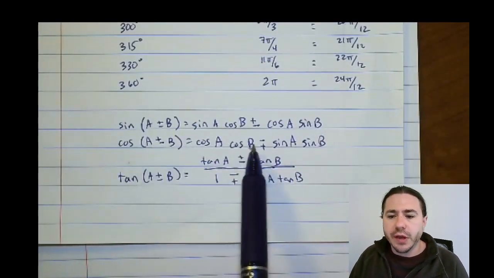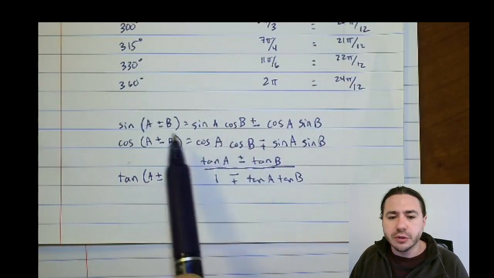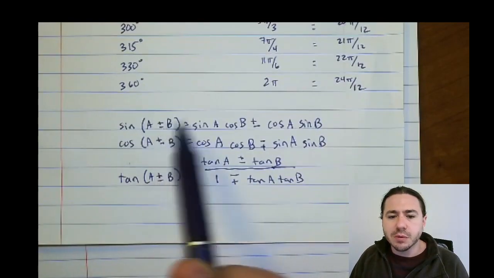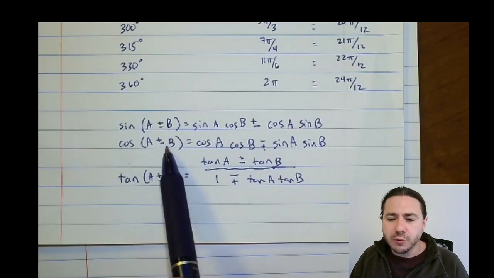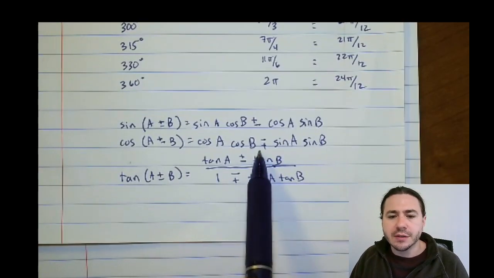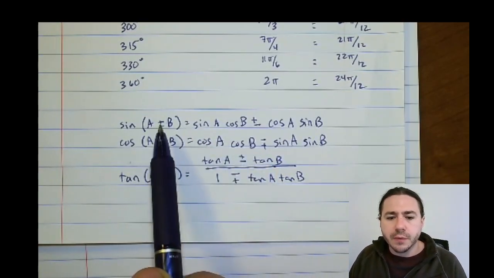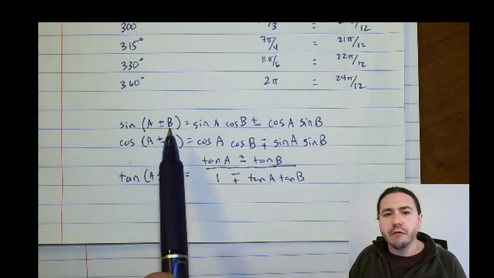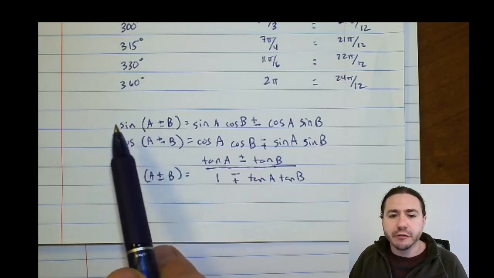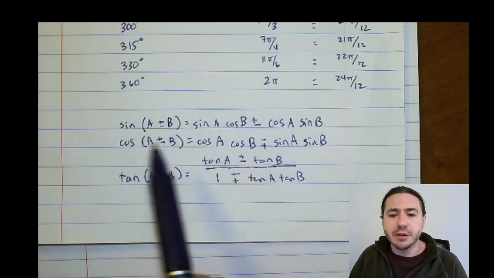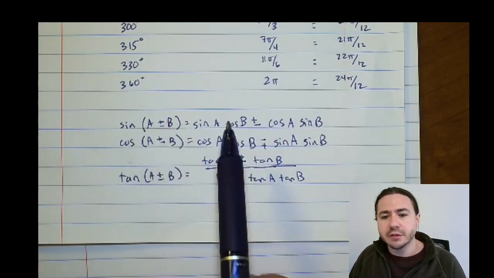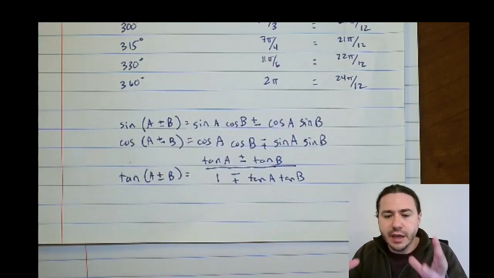Now, just to reiterate what I talked about in the notes, you'll notice the sine formula has this plus minus, and the cosine formula has minus plus. So what's going on there? Well, this is just a more efficient way of writing two equations. For the sine equation, this is both the sum and the difference equations put together.